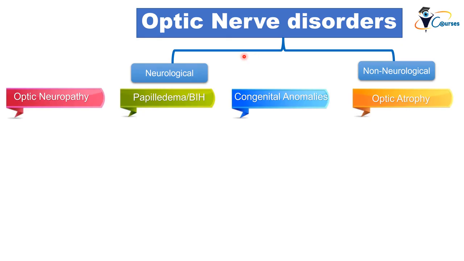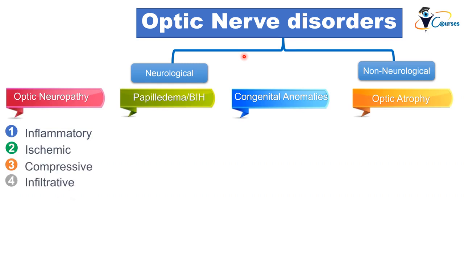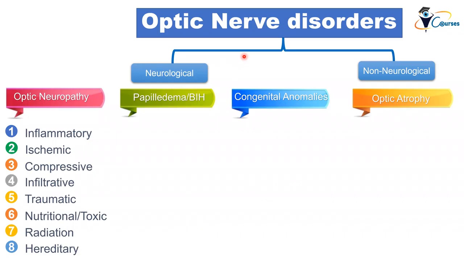Let's see the different terms under each of those entities. Optic neuropathy could be inflammatory, ischemic, compressive, infiltrative, traumatic, toxic or nutritional, radiation, and hereditary. All these are causes of optic neuropathies.